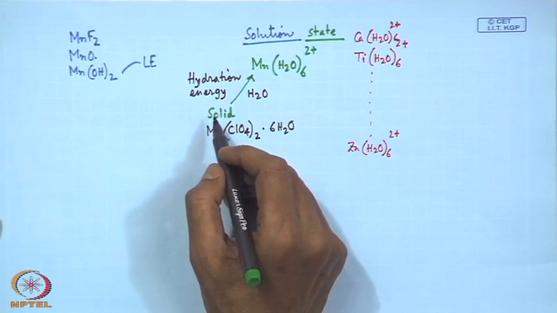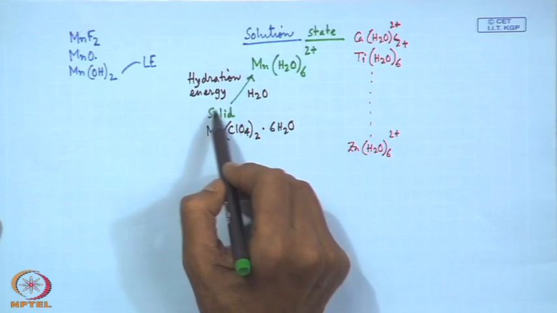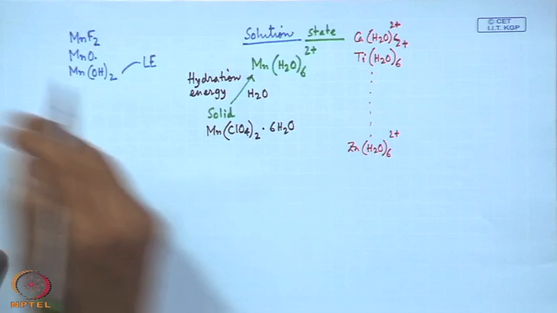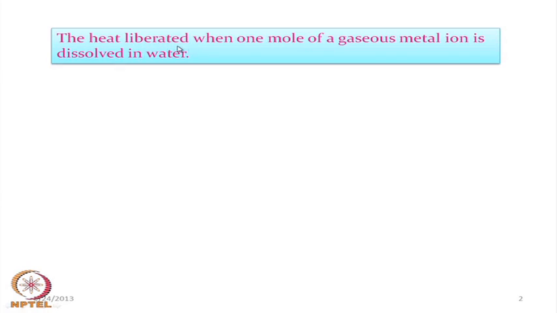So, from the thermodynamic point of view, what is this hydration energy? Hydration energy is nothing but the amount of heat energy liberated when 1 mole of gaseous metal ion is dissolved in water. The calculations are based on the standard reference of the metal ion in the gaseous state.